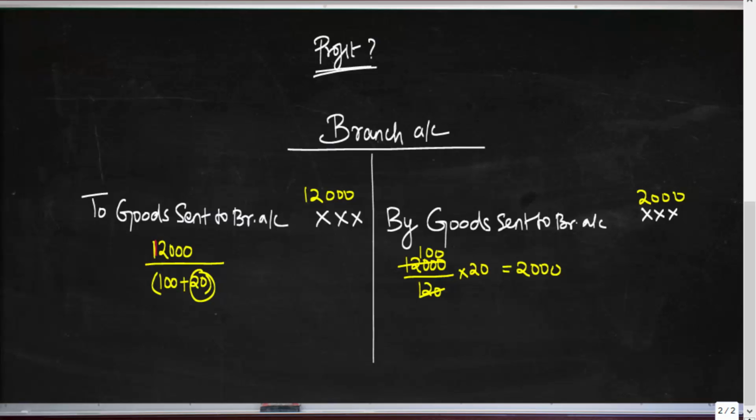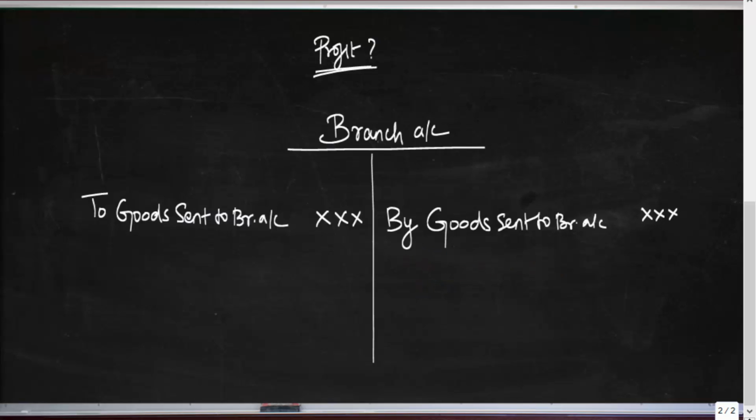Similarly, these goods will also remain in the branch either in the form of opening stock or closing stock. When they remain in the branch in those forms, how are we going to factor the profits? Let's say there is an opening stock, so it is to balance brought down in the form of opening stock.